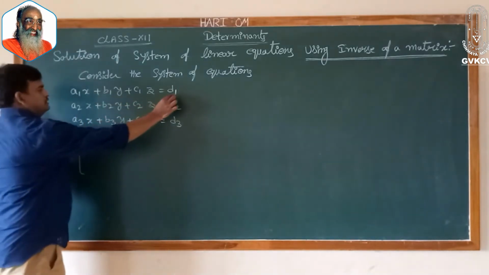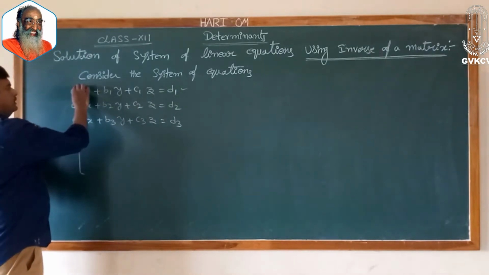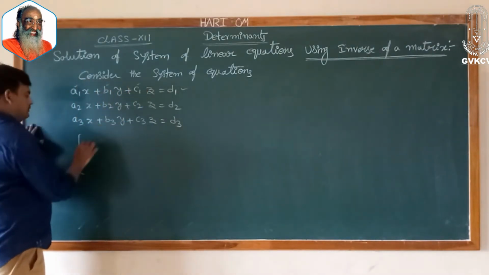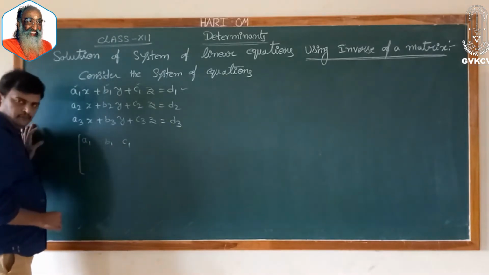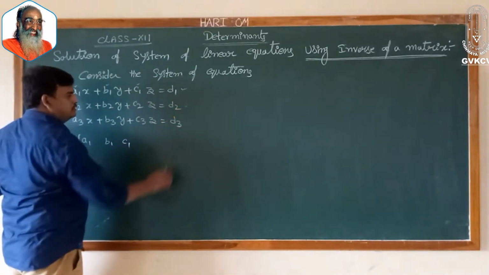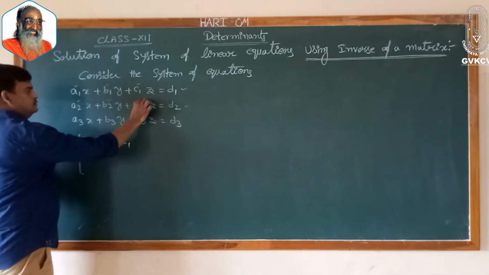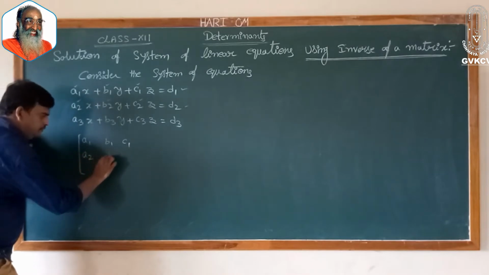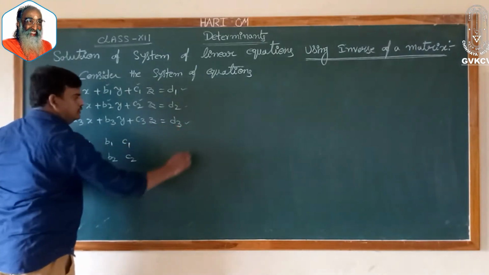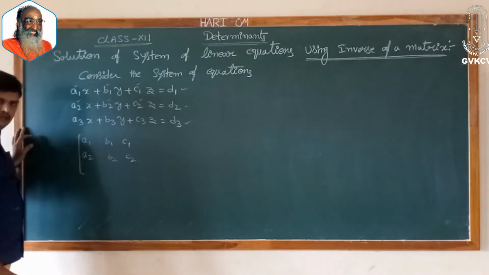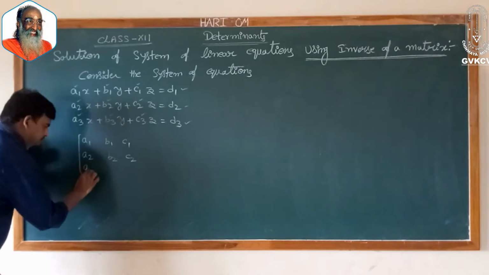In the first equation, what are the coefficients we have? a1, b1, c1. When we talk about equation 2, again what are the coefficients we have? a2, b2, c2. When we talk about equation number 3, a3, b3, c3.